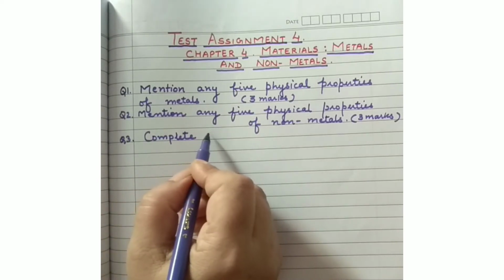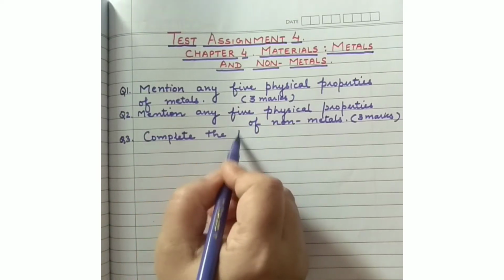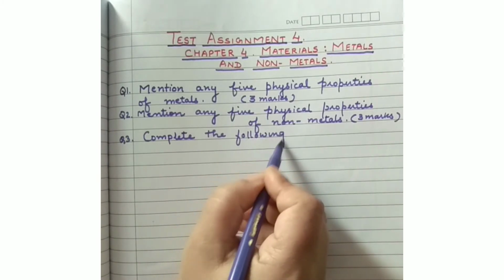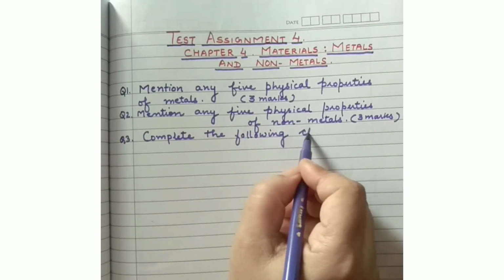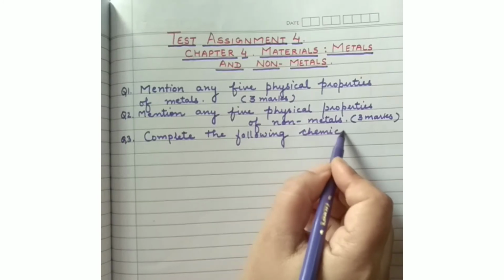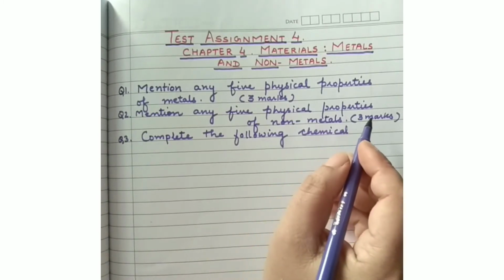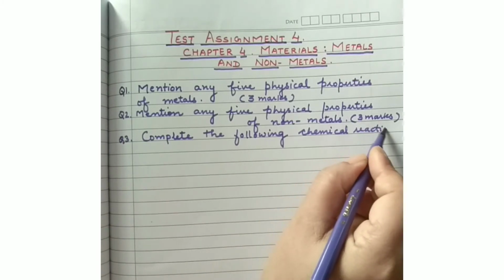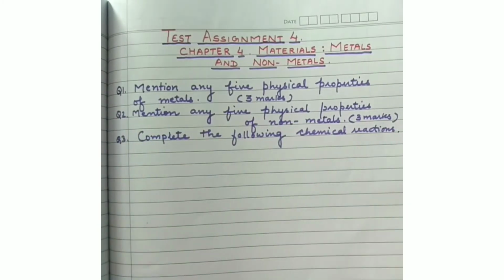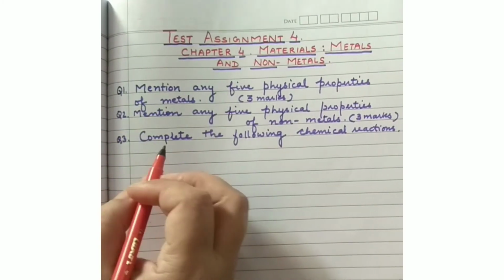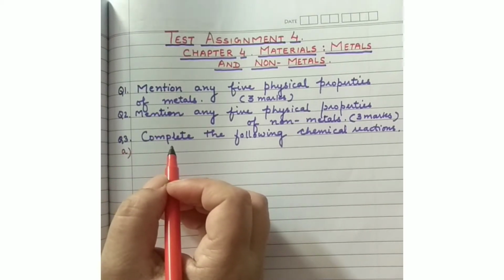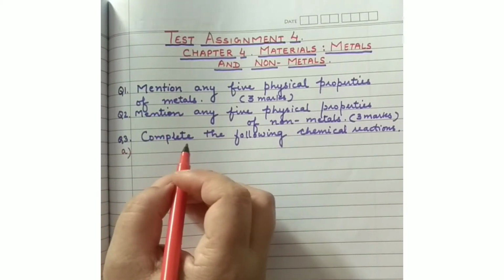Complete the following chemical reactions. Now this type of question will come in your exam, that a chemical reaction is given to you and you have to complete the missing part.